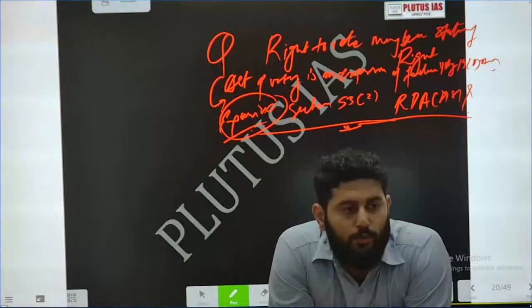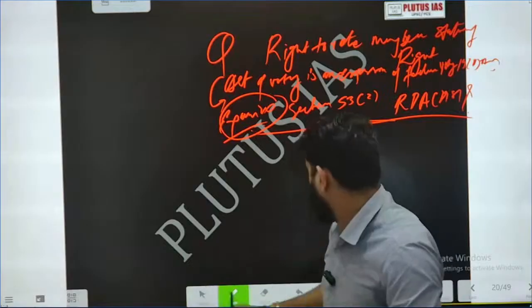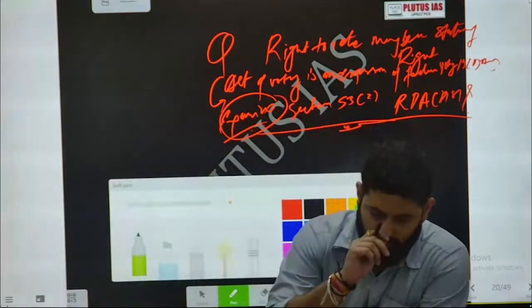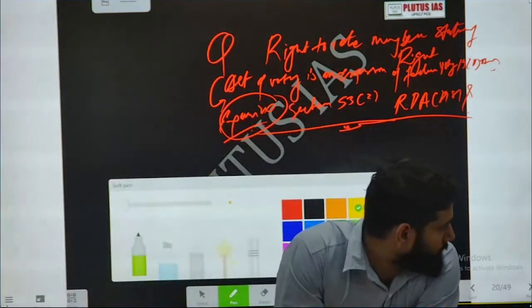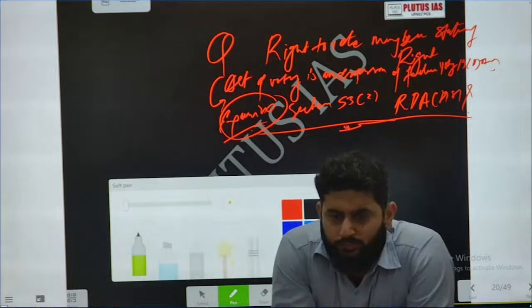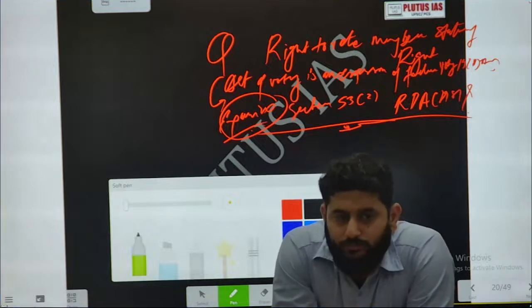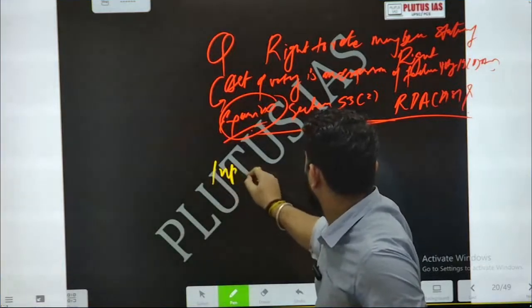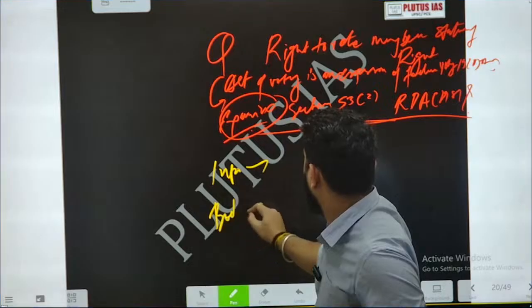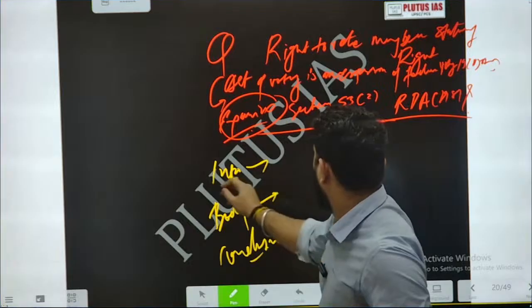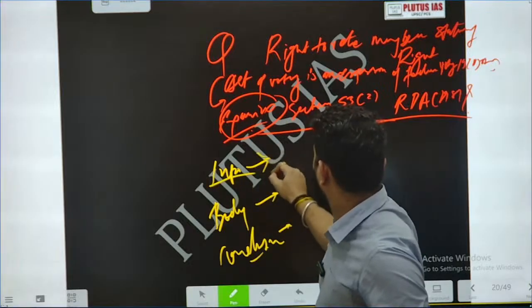Can anyone tell me about this? What is the introduction? Intro, body, conclusion. First of all, what is the intro in that?